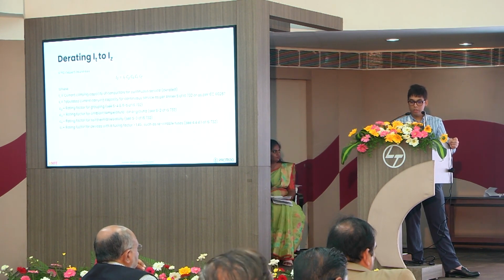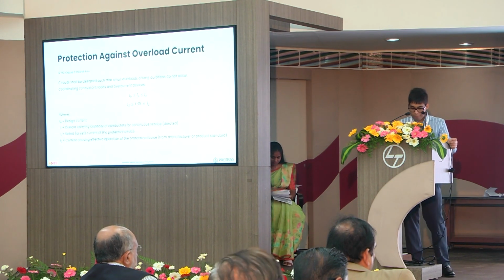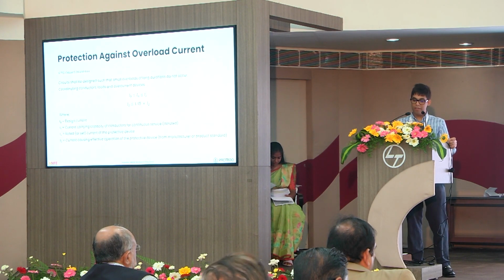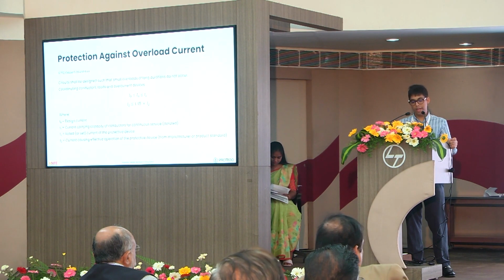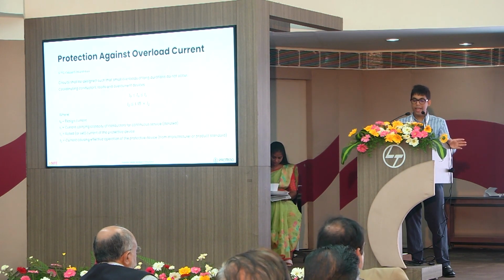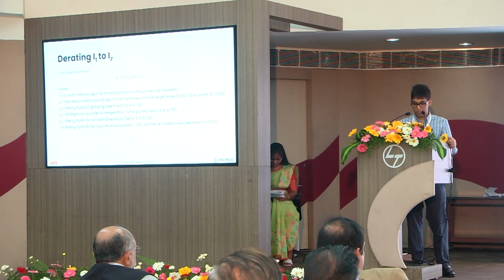Now the fusing factor is an interesting factor because, as I mentioned previously, this regulation has to be complied with. If you assume a worst case scenario where IZ is equal to IN, the IN is what we have to consider for the fusing.